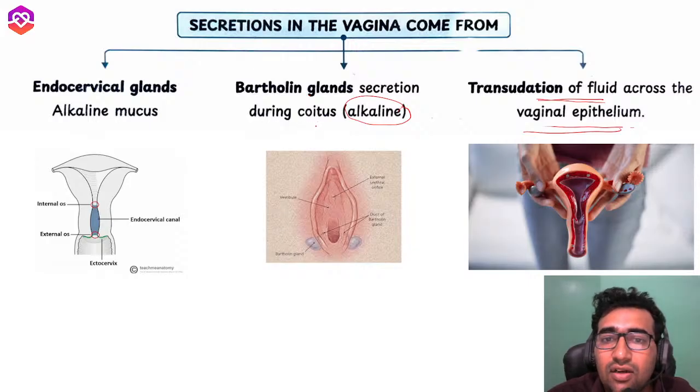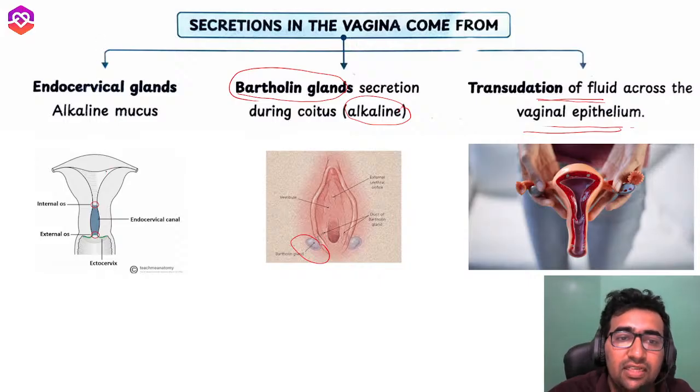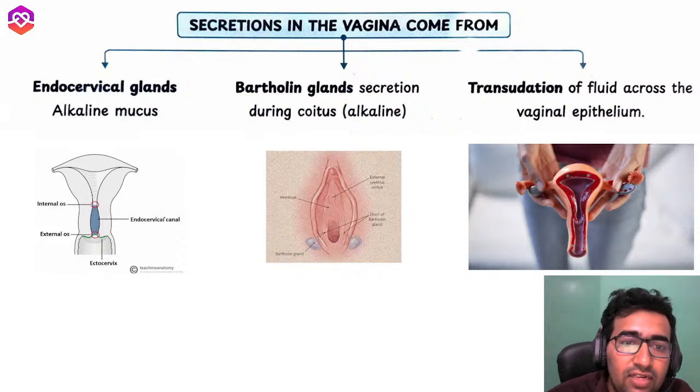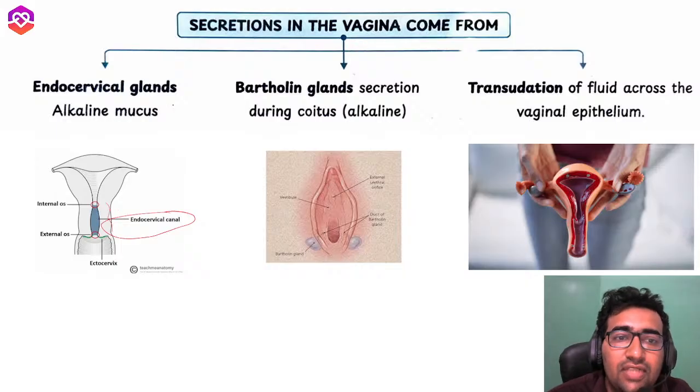During sexual stimulation, there are glands inside the female, namely the Bartholin glands. These Bartholin glands also secrete some alkaline fluid, and so does the cervix. The cervix actually has two parts. You can see this region is called the endocervix. The endocervix also produces alkaline mucus. I will discuss the cervix in detail later.